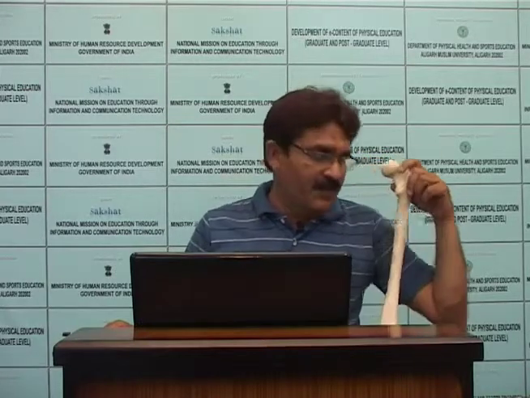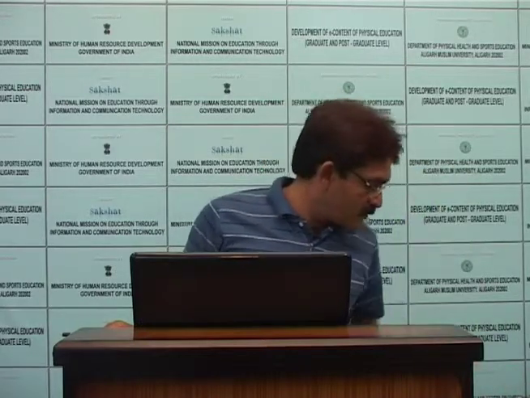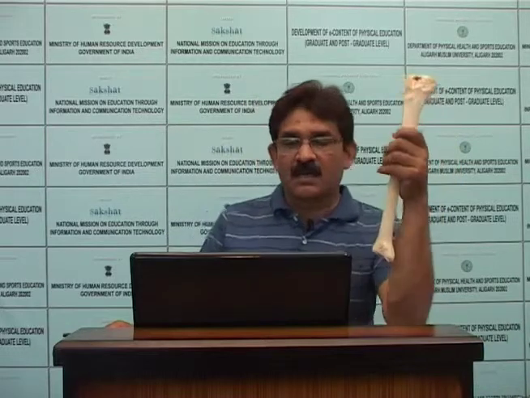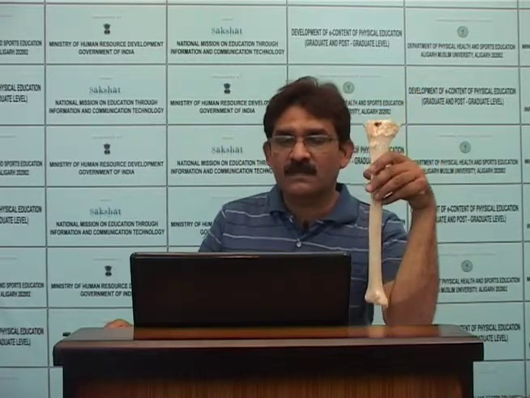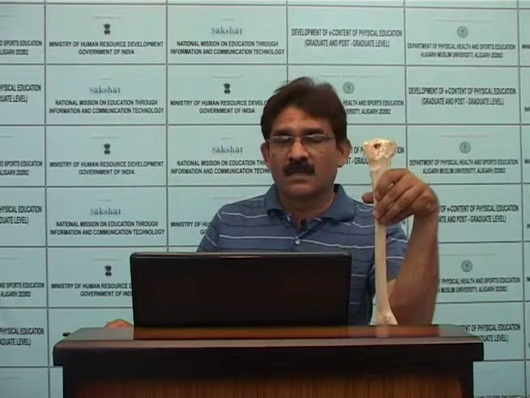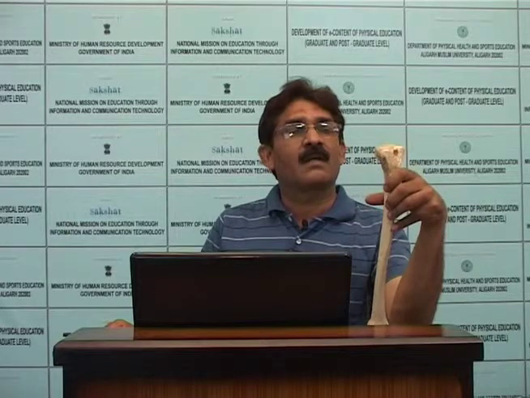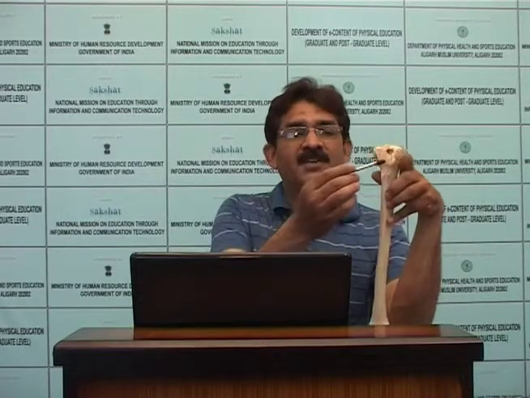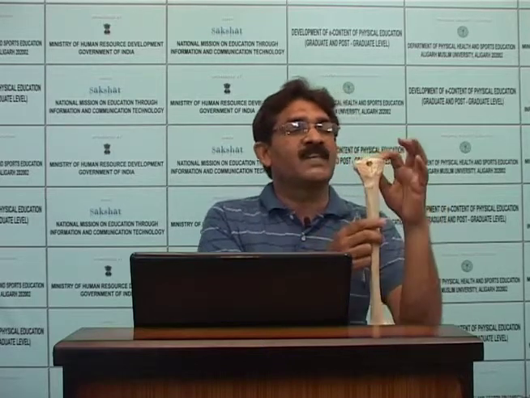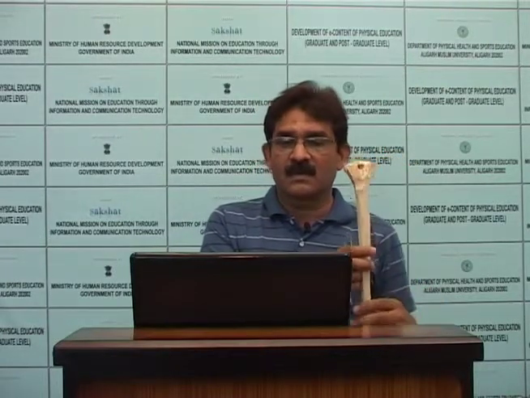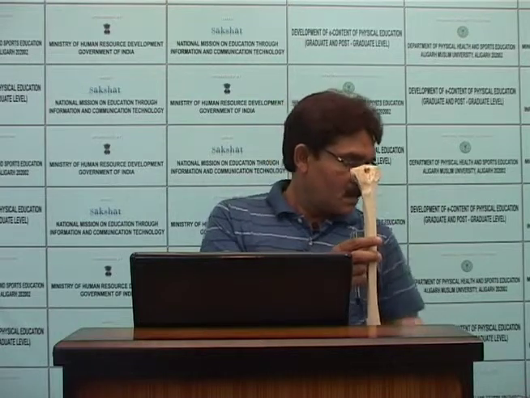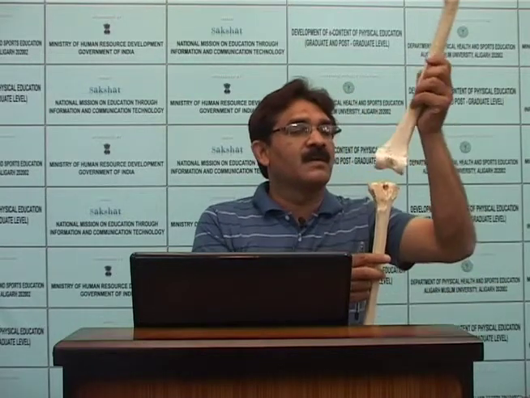The next bone is the tibia. This is another long bone called the tibia. This is the anterior part of the tibia, and at the upper end are two facets for the condyles of the femur.